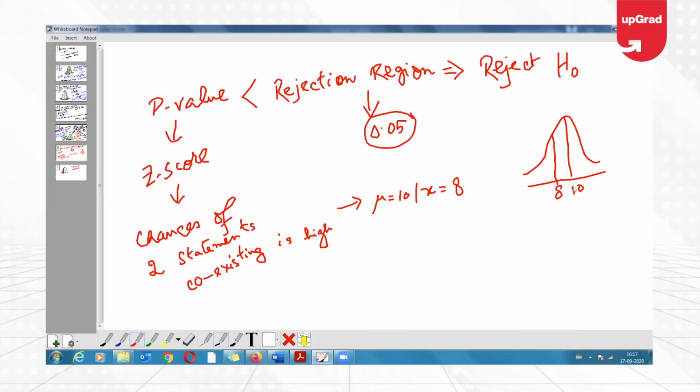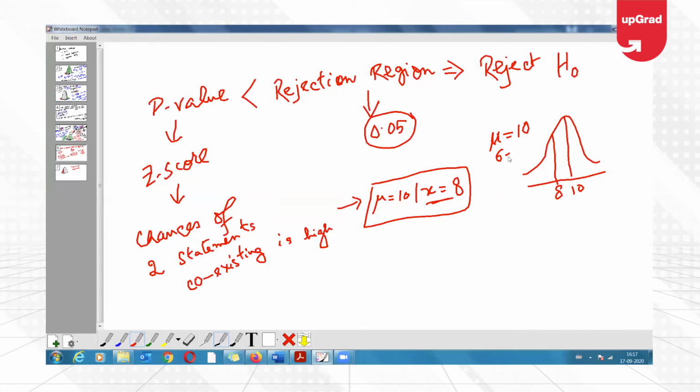we are looking at the coexistence of the statement that the mean of the distribution is 10, but we picked up a random sample which is 8. There are a lot of numbers. I pick up a random number, there is 8, and I'm looking at a distribution where the mean is 10 and the standard deviation is, say, 2.